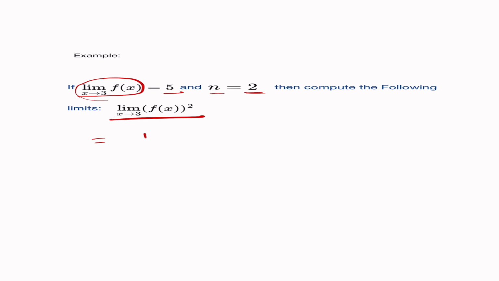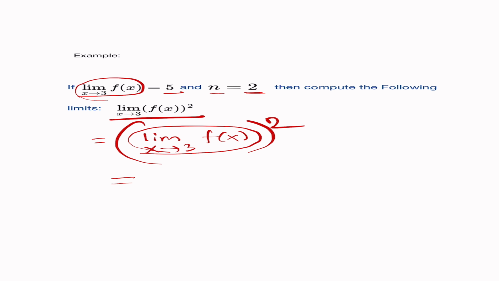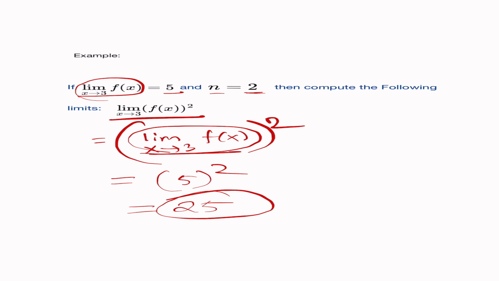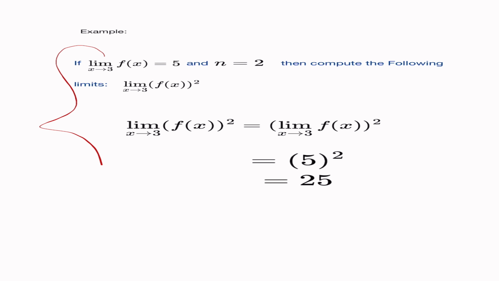So we can simply write down the limit as x approaches 3 of f of x, all to the power 2, by the power law. The value for this one is simply 5, so 5 to the power 2, which is simply 25. So this is our answer. You guys can take a look at it here. I wrote it down clearly.